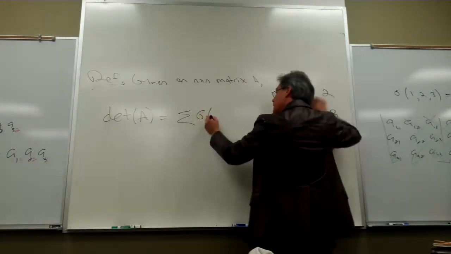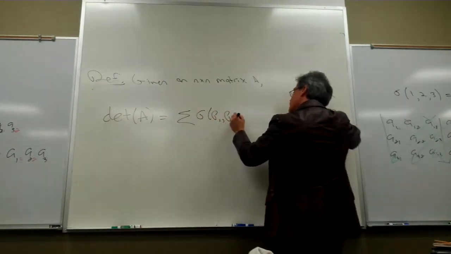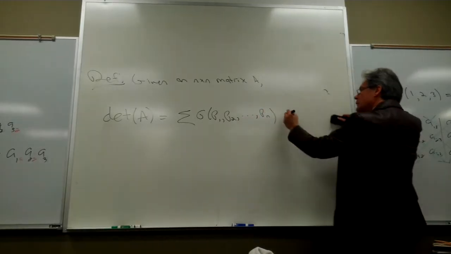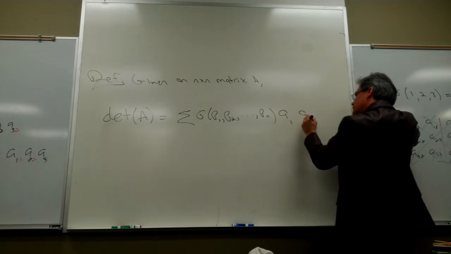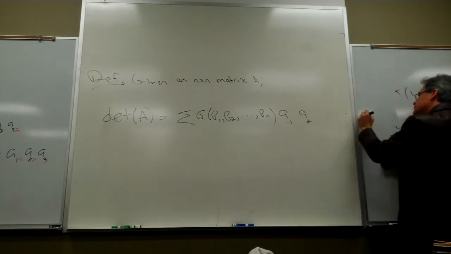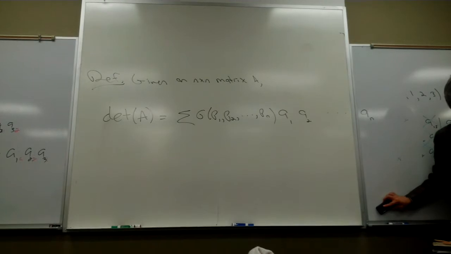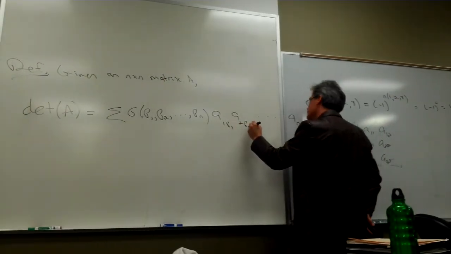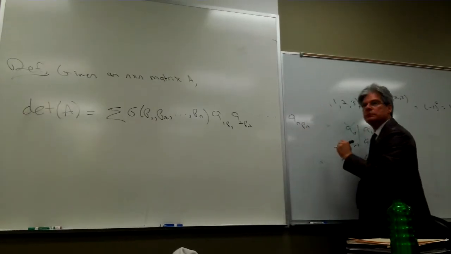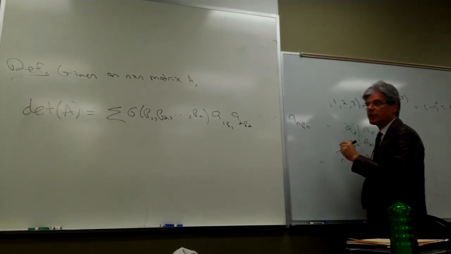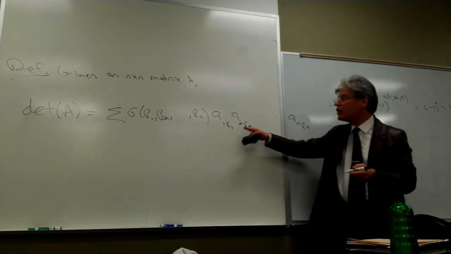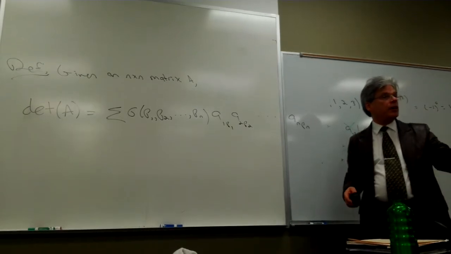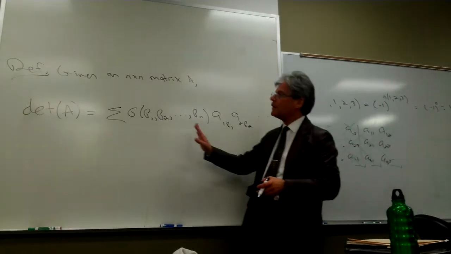I've got the sign of a permutation P1, P2, all the way down to Pn, times a sub 1 something, times a sub 2 something, all the way down to a sub n something, where the something is P1, P2, all the way down to Pn. In other words, I'm listing a permutation on the column position of each and every one of these entries. And if you guys don't mind, because it's more complex, can I suppress saying what n's doing?